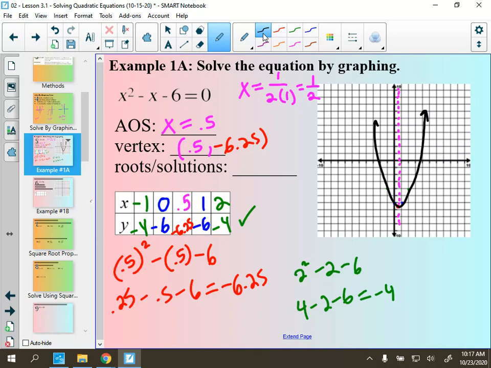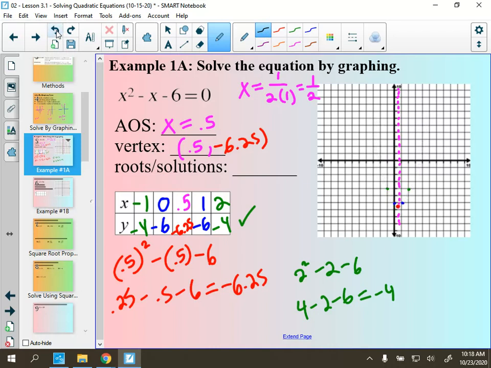Where we have to take this a step further is we have to find the roots and the solutions. Right now, the way I've kind of informally sketched my graph, I'm not quite sure what those x-intercepts are. I would be guessing at this point. So we need a little bit cleaner of a graph. So I'm going to back those off there, hopefully.